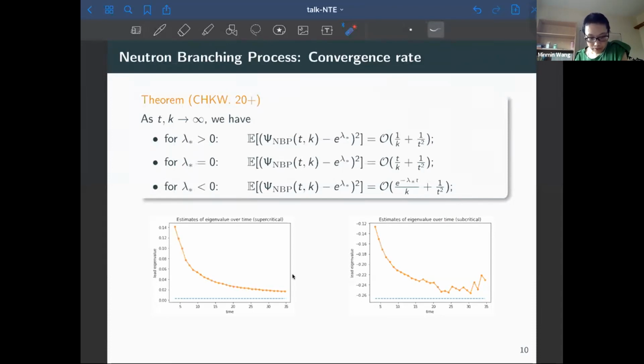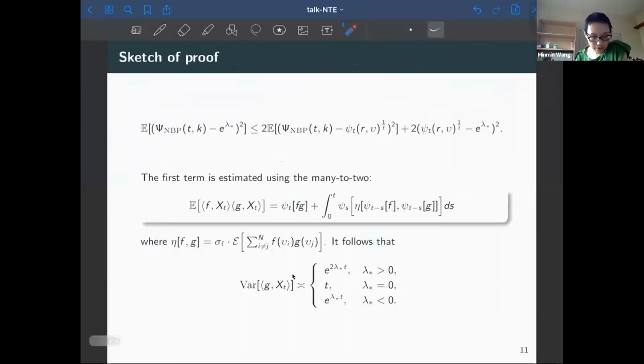So I'm just going to say a few words on where these bounds come from. Okay, so we want to bound this mean squared error. Very naturally, you want to insert the solution psi TRV into this equation, and then use some sort of triangle inequality. So this leads us to these two terms. The second term will give us this 1 over t squared term, which is common in all three cases.